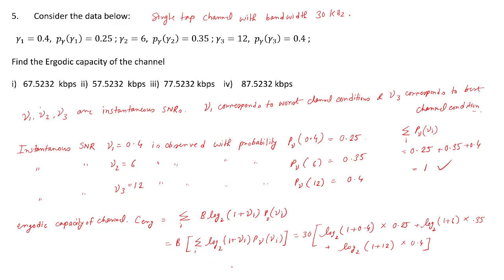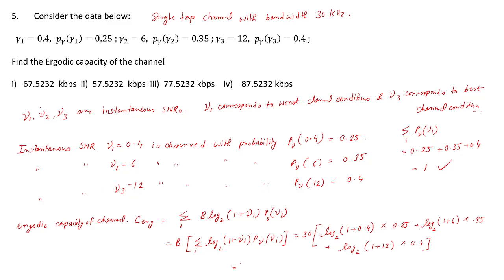Let me calculate the values. Log of 1.4 by ln2 times 0.25 plus ln7 by ln2 times 0.35 plus ln13 by ln2 times 0.4, whole multiplied with 30.